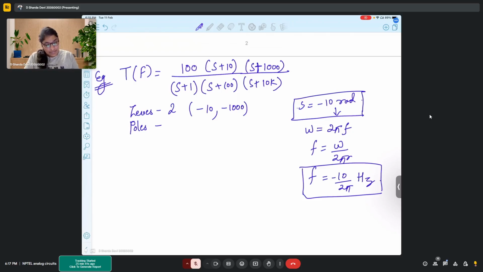Okay. Please keep this in mind because sometimes because of these conversions, the values definitely change. And similarly, as we have two zeros, there are three poles, and the values of poles are at 1, 100, and 10K. Right? Now, there is a term called DC gain.